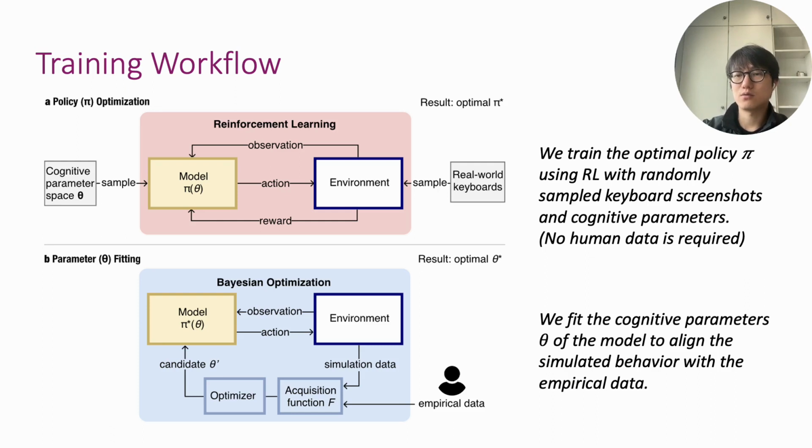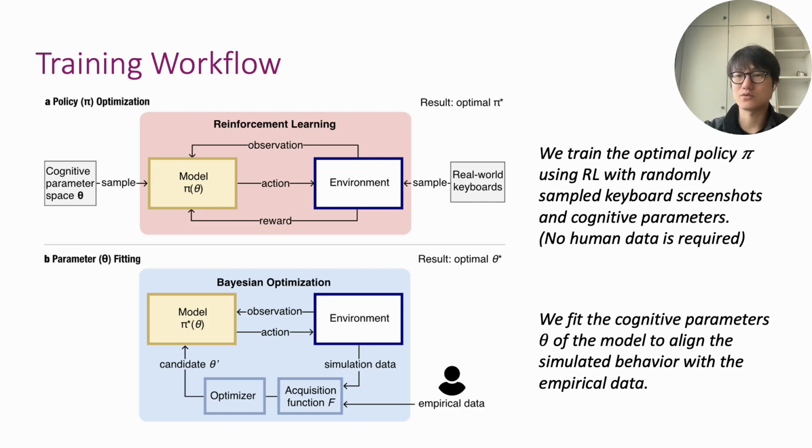We take this training workflow for training and fitting the typing model. For individual level differences and generalizability, we train the supervisory policy pi with randomly sampled cognitive parameters and keyboard screenshots. In this pre-training step, we do not need any human data.